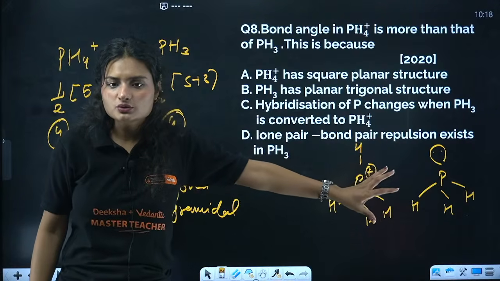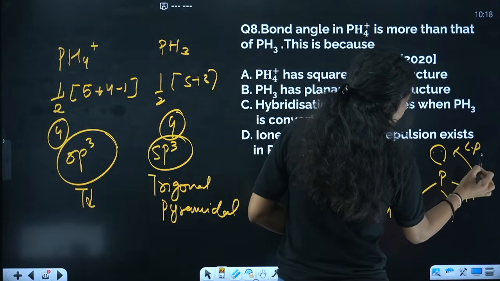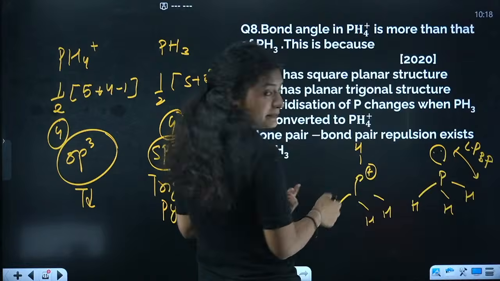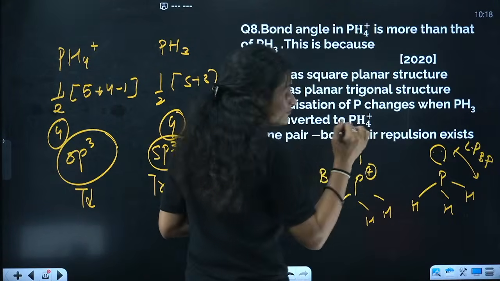Now what does the lone pair do? Because of this lone pair, there are lone pair, bond pair repulsions. What repulsions are here? Here only bond pair, bond pair repulsion. And according to which theory?